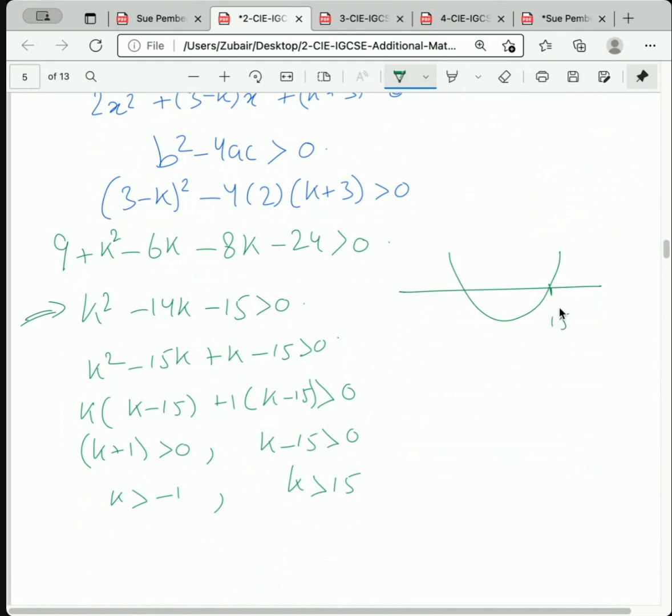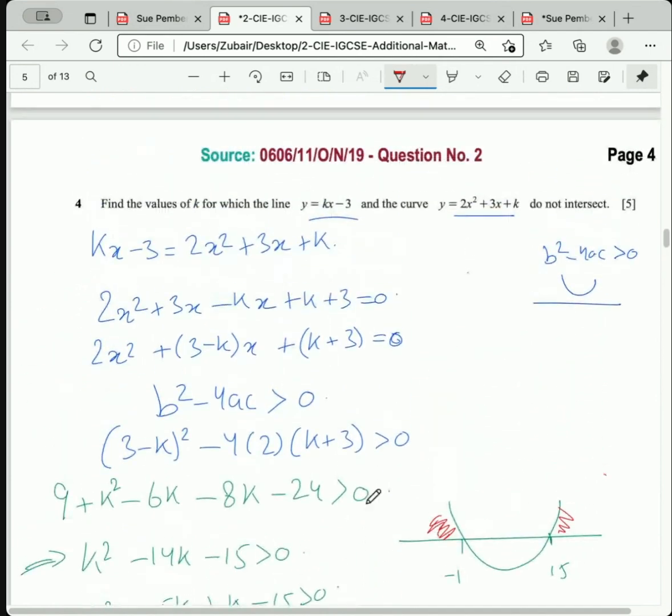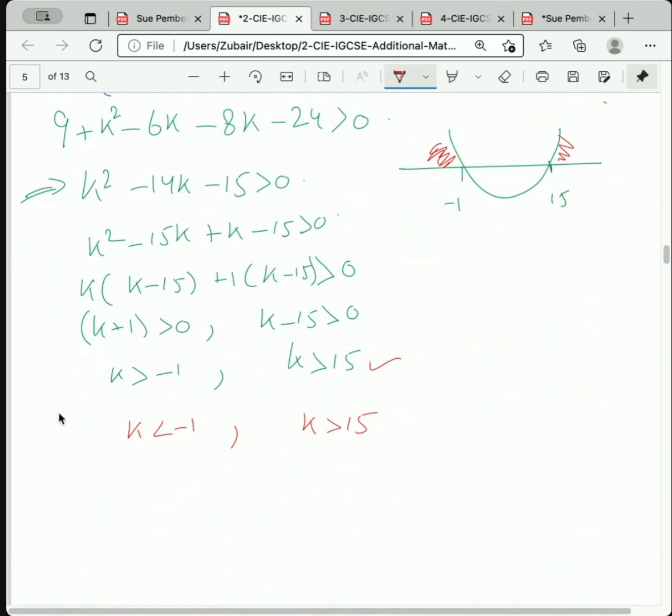One value is 15, the other minus 1, and the condition is about 0. So one shaded area is more than 15 and one is less than minus 1. So k is less than negative 1 or k is greater than 15. Find the values of k. This is the final answer.